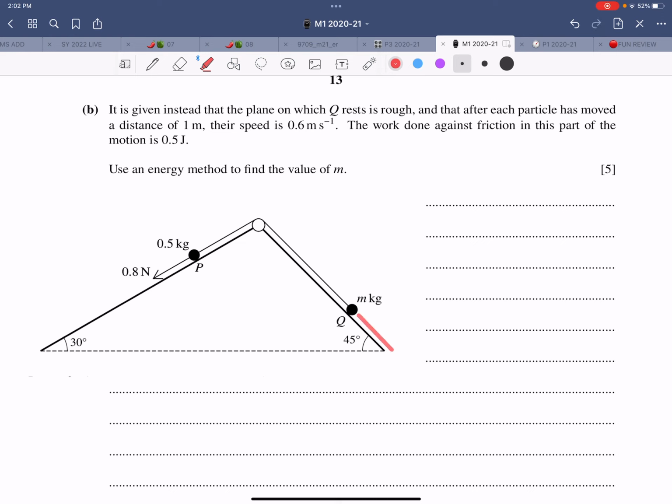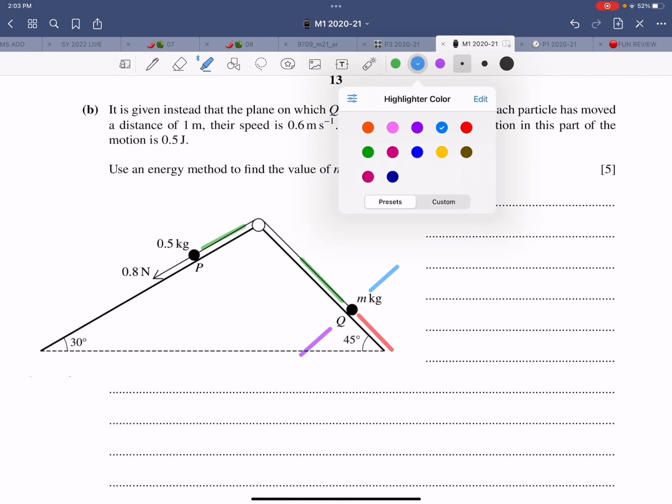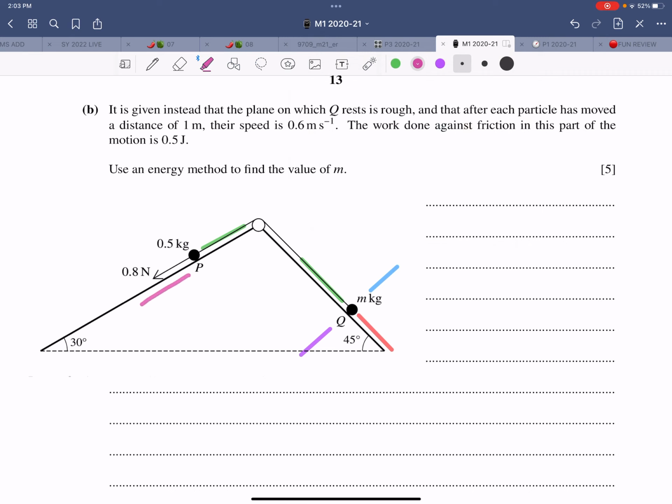I need R, the weight component, and the tension in this scenario. That tension should also be there. There is this particular weight component because that point is smooth. And I think that's about it. So let me label all the things first.